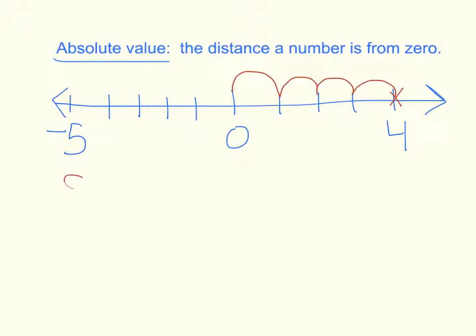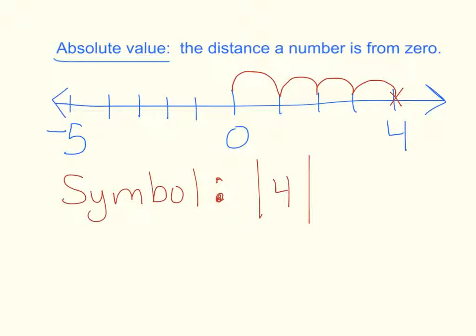So the absolute value of 4 is 4. And the symbol that we use for absolute value looks like this. And we would put a 4 inside. Those two lines you see on both sides of the 4, that's the symbol we use to represent absolute value.